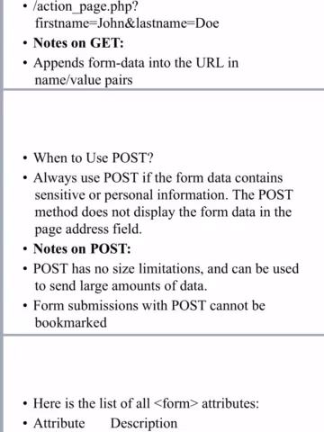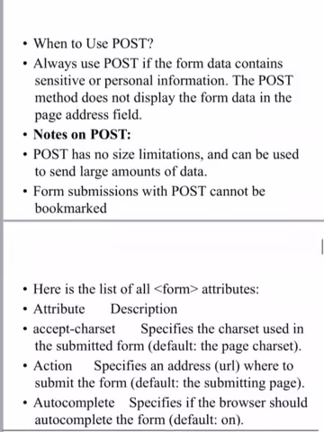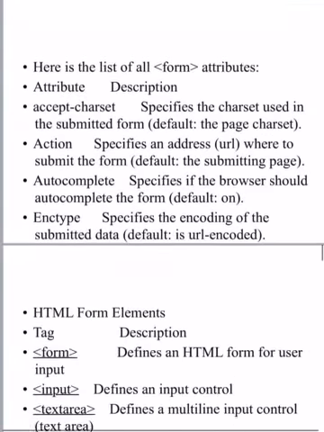So mostly while typing passwords or any bank details, post is the best method, because it should not be visible to a third party, and it won't display the details in the address field. The post method has no size limits and can be used to send a large amount of data, and a form submission with post cannot be bookmarked.